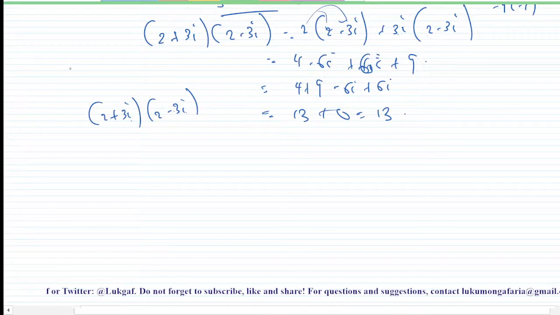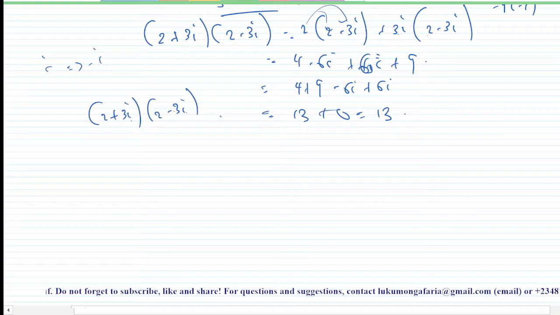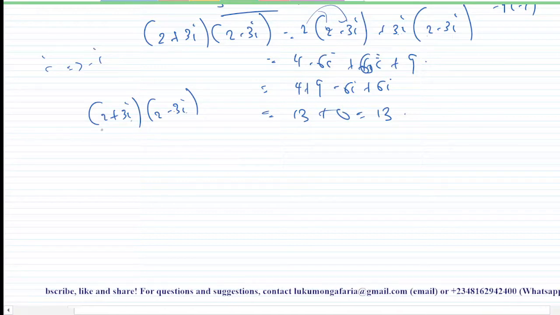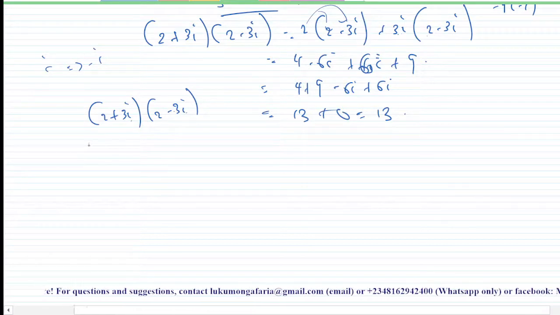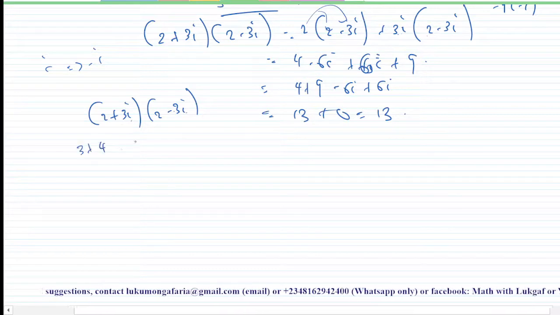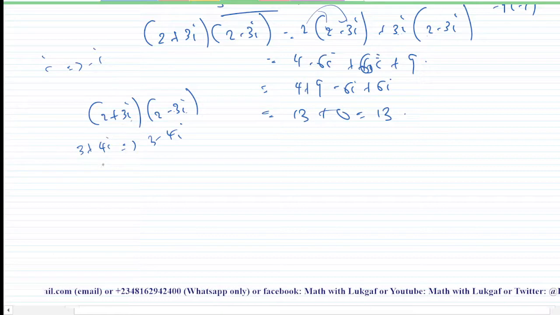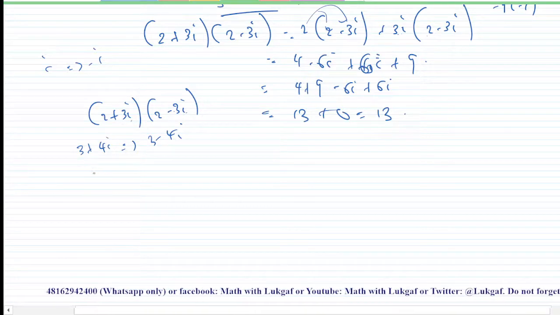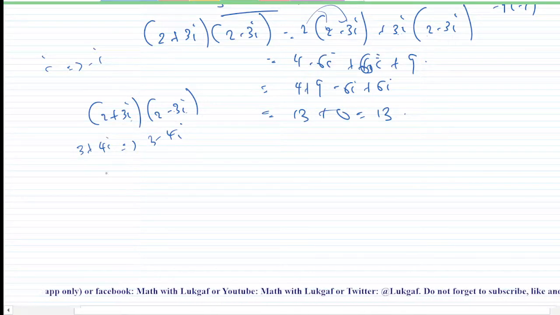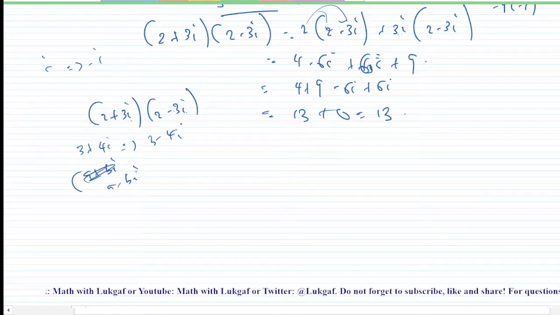The conjugate of i is what? It is minus i. You understand now? So the conjugate of 3 plus 4i will give me what? So 3 minus 4i. You understand now? So the conjugate of a plus bi in general, or let me say a minus bi in general, is going to give me what? A plus bi. It is as simple as that.